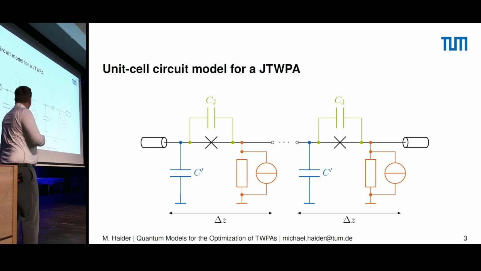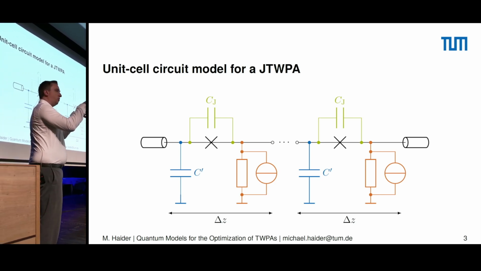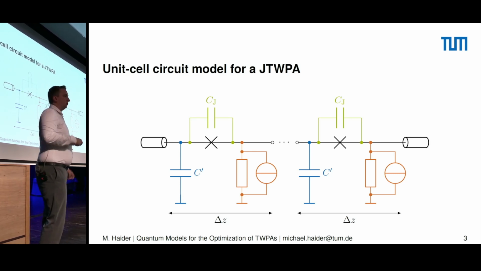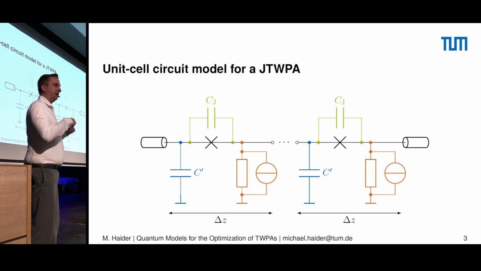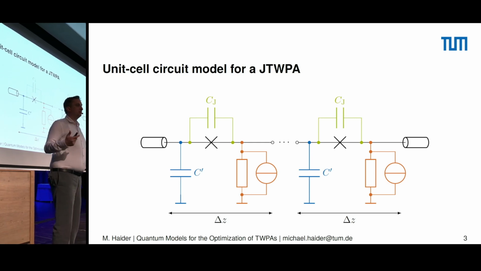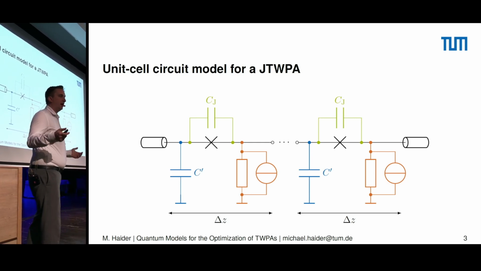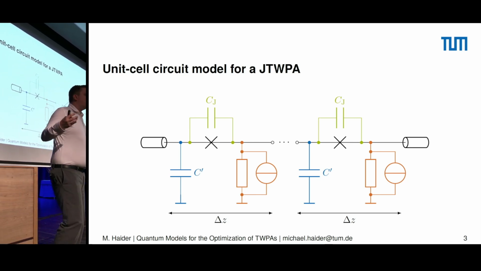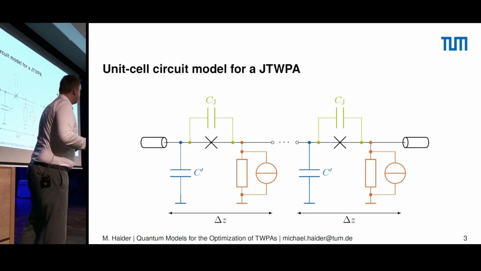Additionally, you have some ground capacitance due to the coplanar planar structure. The junctions themselves have some Josephson capacitance because they build a plate capacitor. And we have a lossy microwave substrate, some silicon dioxide, whatsoever. These losses should, in a good model, be included in order to match experiments realistically.